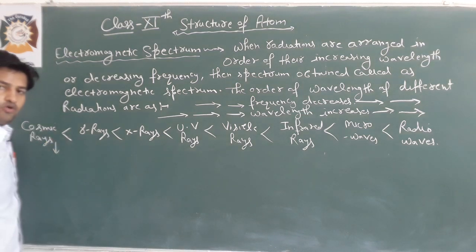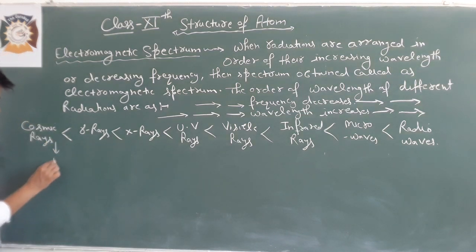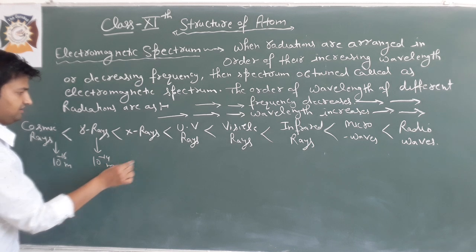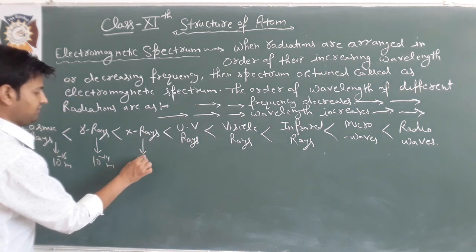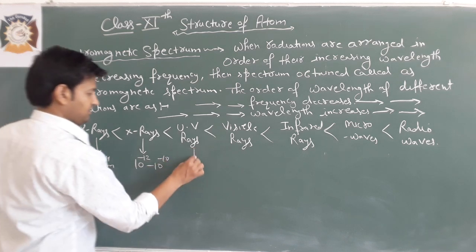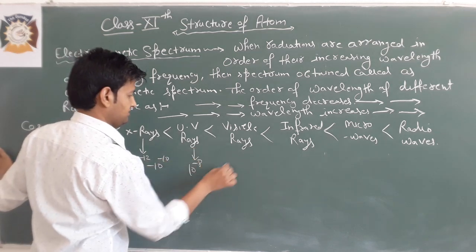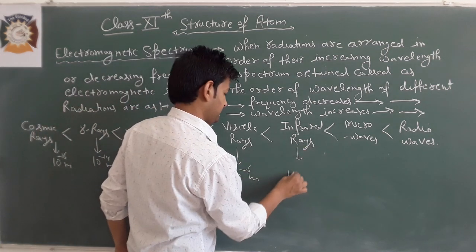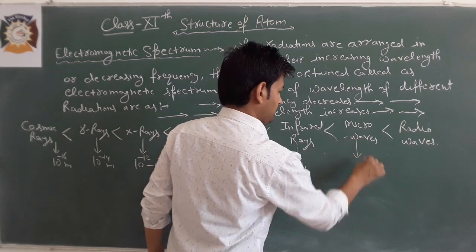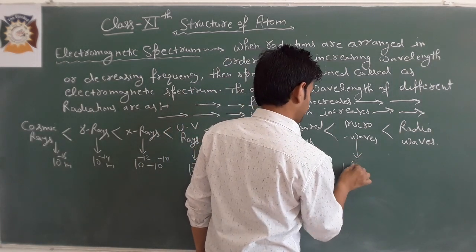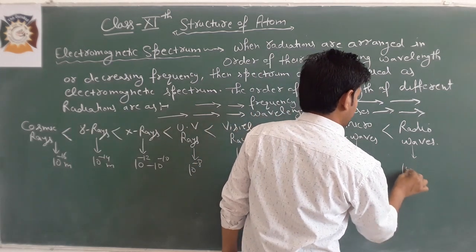The approximate order of their wavelength is 10 to the power minus 16 meter for cosmic rays. For the gamma rays it is 10 to the power minus 14 meter. X-rays it is 10 to the power minus 12 to 10 to the power minus 10 meter. Ultraviolet it is minus 8, then minus 6 meter. Infrared is minus 4, and in case of microwaves it is 10 to the power 0, and then radio waves.